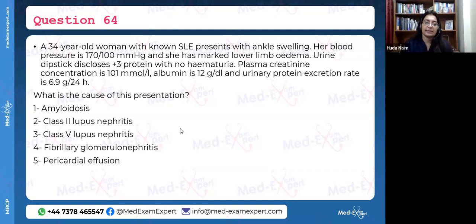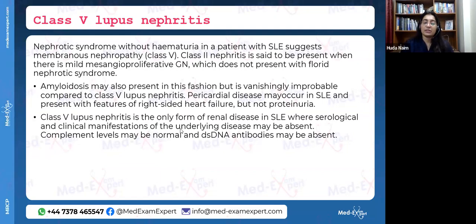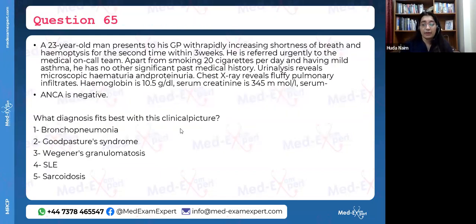So what is it? Yes, it's class 5 lupus nephritis. So nephrotic syndrome without hematuria in a patient with SLE suggests membranous nephropathy class 5. Very important to know about the classification of lupus nephritis and the management of each. Very, very important, okay? As far as the exam is concerned.